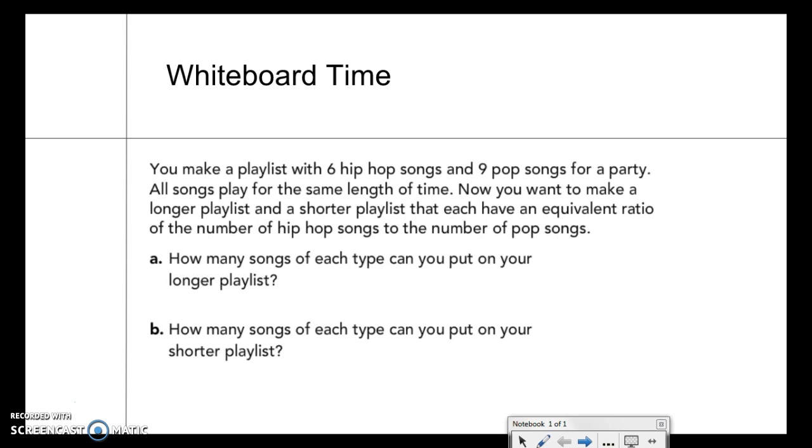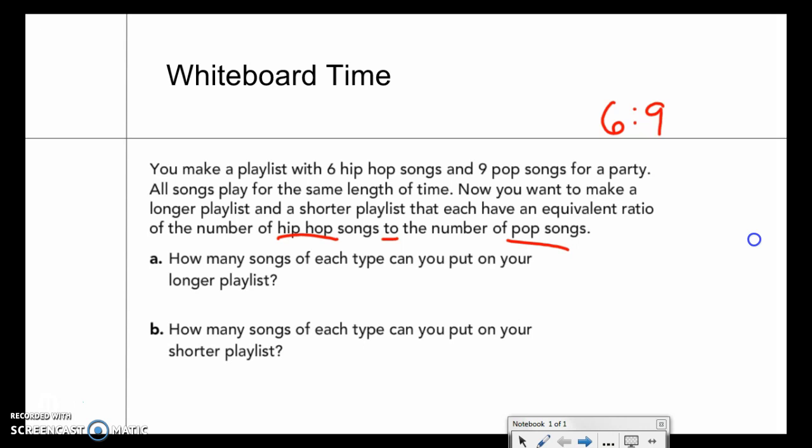Now you want to make a longer playlist and a shorter playlist that each have an equivalent ratio of the number of hip-hop songs to the number of pop songs. So look, hip-hop is first listed to pop songs. So first you want to write what the ratio is going to look like by itself. All right, 6 to 9.